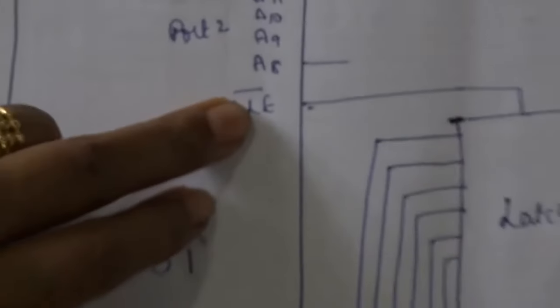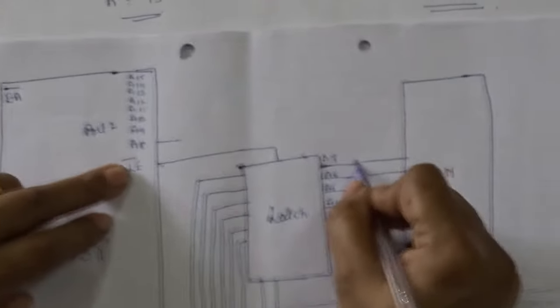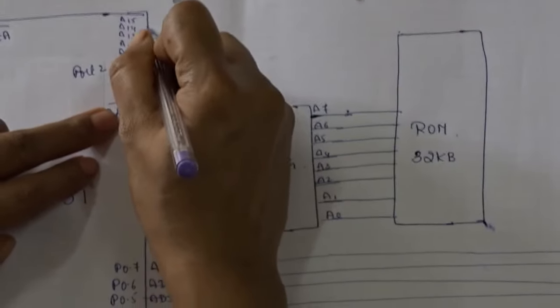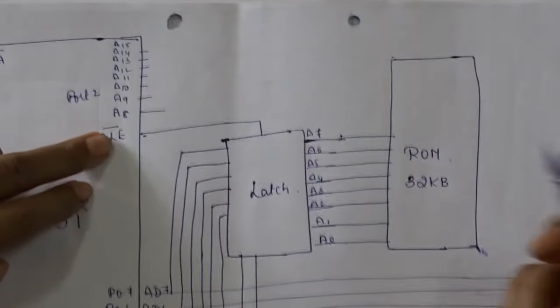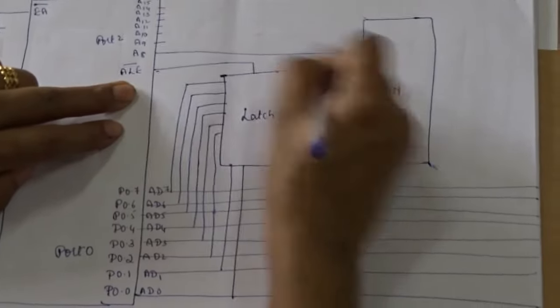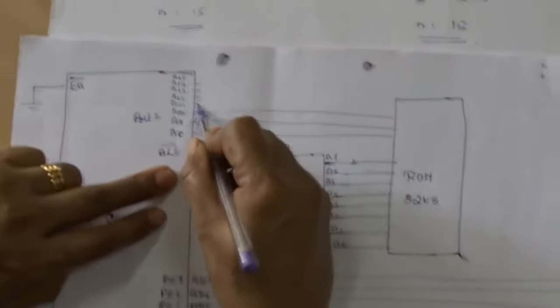So 8 address lines are available in the lower order itself. How many more are required? A8, 9, 10, 11, 12, 13, 14, 15. A15 is not required. We need addresses starting from A0 to A14. That is totally 15 address lines that need to be connected to ROM.